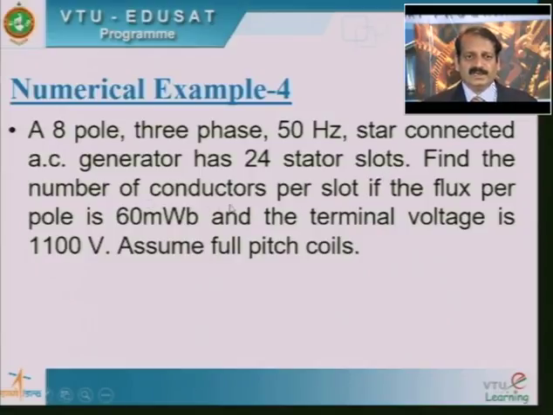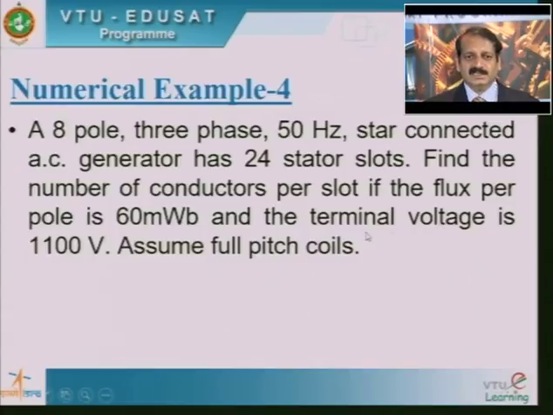Find the number of conductors per slot if the flux per pole is 60 milliweber and the terminal voltage is 1100 volts. Whenever terminal voltage is specified, we need to know that terminal voltage is nothing but the line voltage of the alternator.